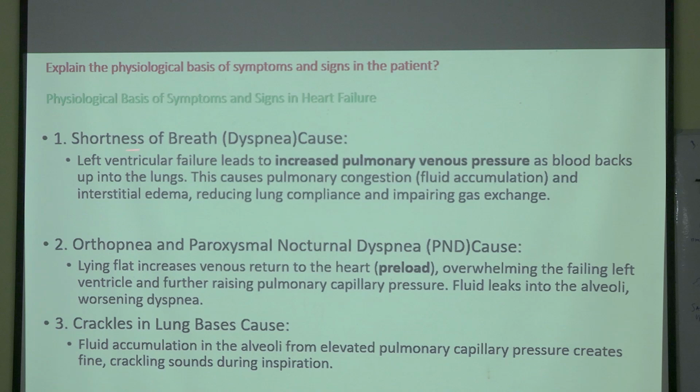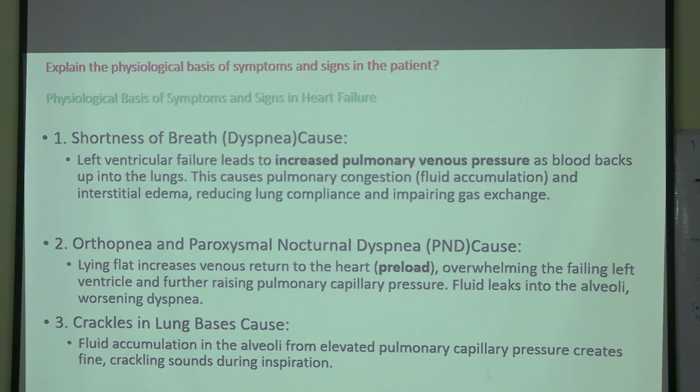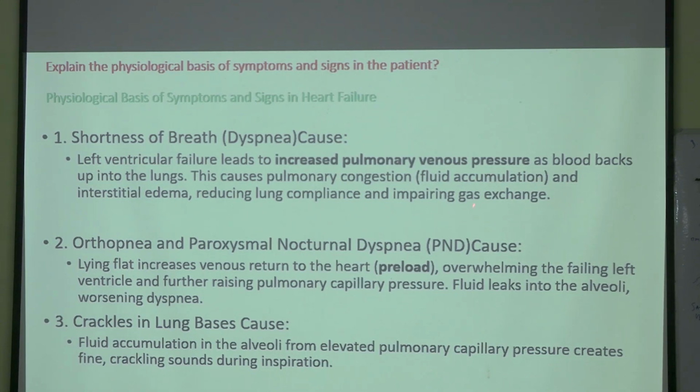What actually happens in left ventricular failure? Left ventricular failure leads to increased pulmonary venous pressure as blood backs up into the lungs. This causes pulmonary congestion. Pulmonary congestion means the accumulation of fluid as well as interstitial edema that reduces lung compliance, and it also impairs gas exchange. So reduced lung compliance and impaired gas exchange ultimately lead to shortness of breath.